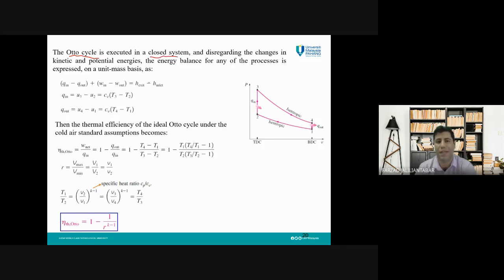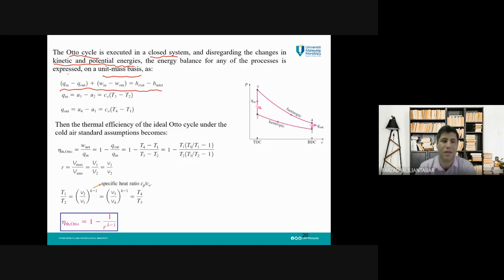and by the air standard assumption, this closed system is developed. If we ignore the change in the kinetic and potential energy, you know from thermodynamics that we can write this equation on a unit mass basis for the energy balance in the system.